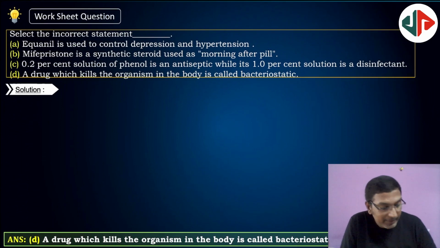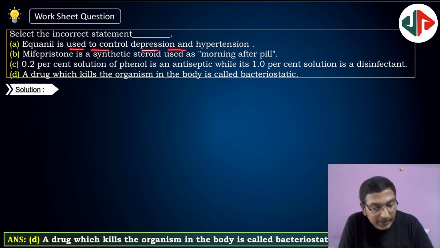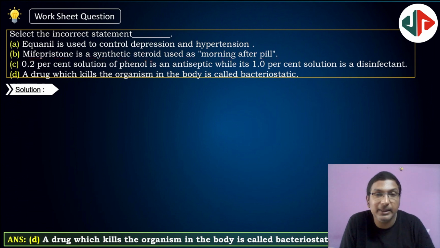Select the incorrect statements. See here, Equanil is used to control depression and hypertension. That is correct. Next. Mifepristone is synthetic steroid used as morning after pill, birth control pill. That is also correct. 0.2% solution of phenol is antiseptic while 1% solution is disinfectant. That is also correct. So D option, a drug which kills the organism in the body is called bacteriostatic.